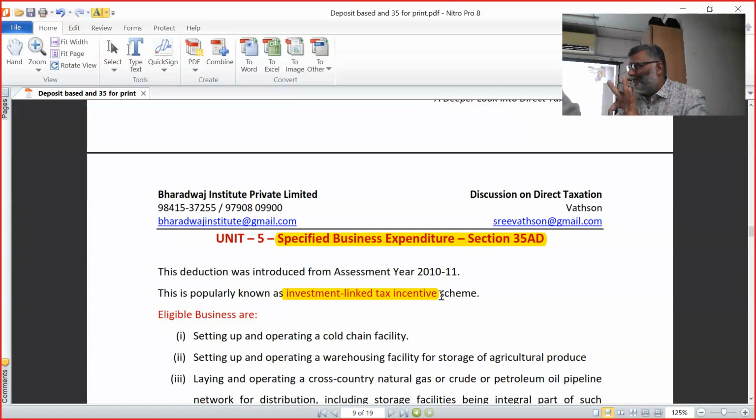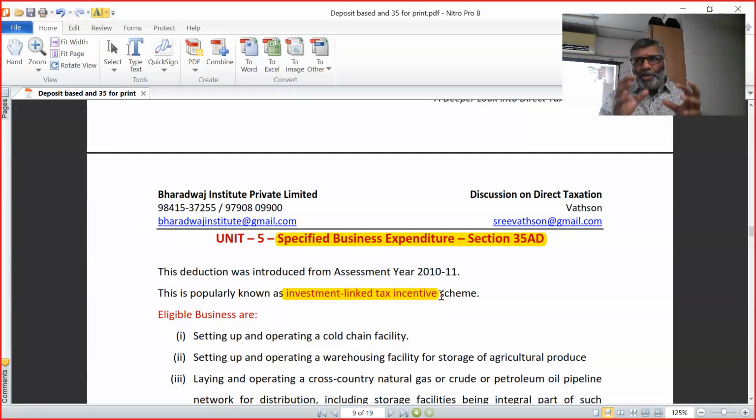All the three will have the same wordings. So the assessee can choose whether he wants to go by 35 AD or 80I or 10AA. If you are claiming under 80I, you cannot claim deduction or exemption in 35 AD. If you are claiming exemption, you cannot claim 35 AD. Like that, all the sections incorporate these words.